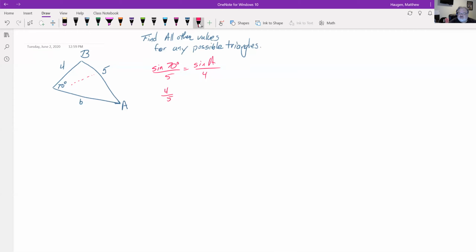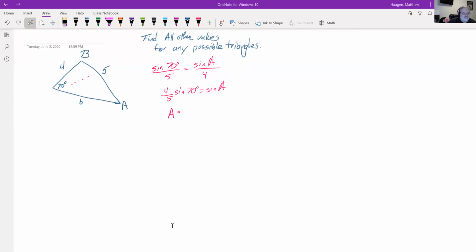So that nice 4/5 sine 70 degrees is equal to the sine of that angle A. And when we use the inverse, we naturally get 2 answers. We just have to decide if both of them are valid.